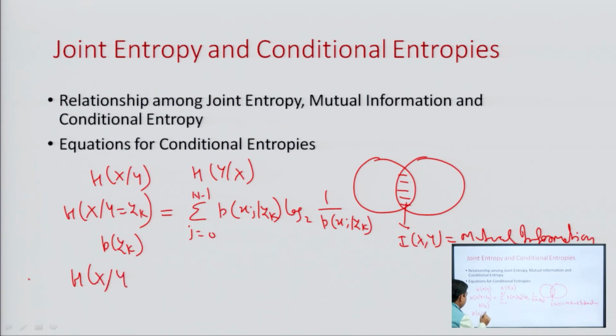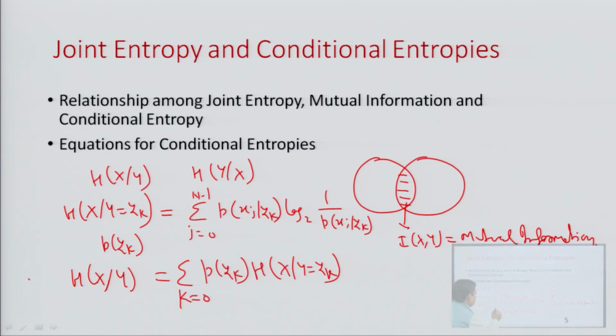H(X|Y) is nothing but the average value of these terms with their probability p(y_k). Then it is multiplied with p(y_k) H(X | Y = y_k), and its average, that is k equal to 0 to m minus 1.